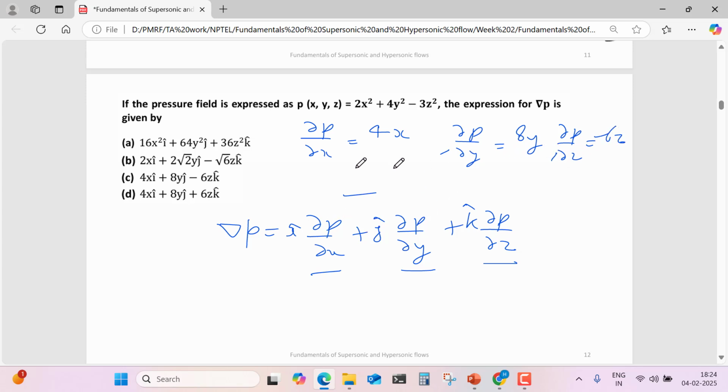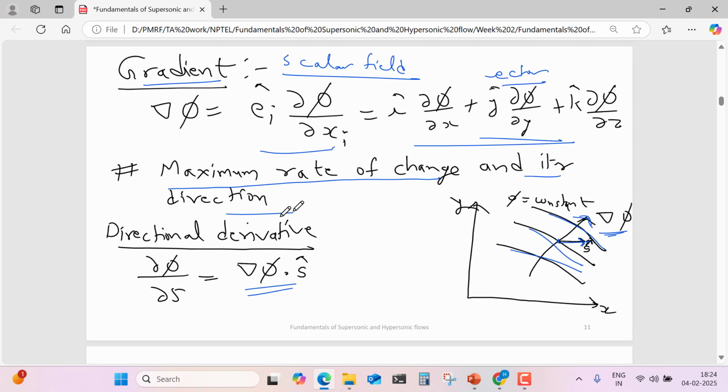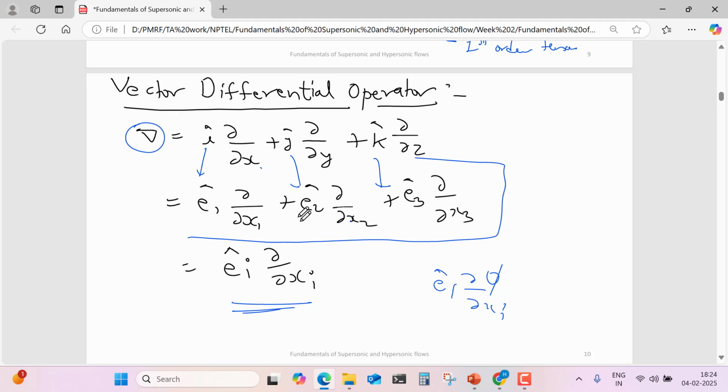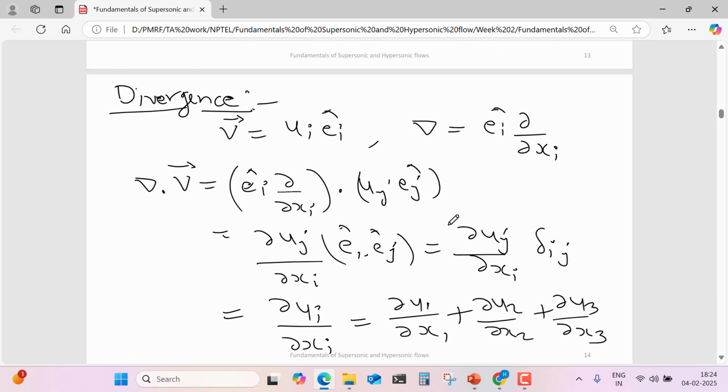So we can substitute it here and we will get 4x i cap plus 8y j cap minus 6z k cap. C is the answer. So if in some question you have to find the gradient, you can directly use this formula for gradient.